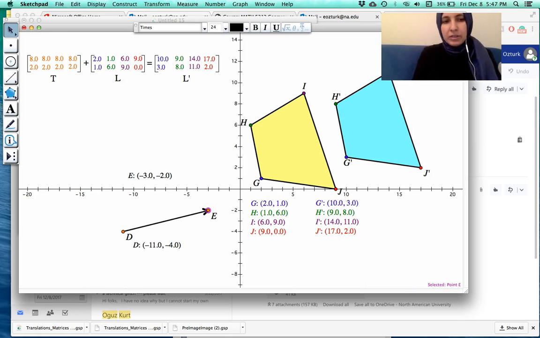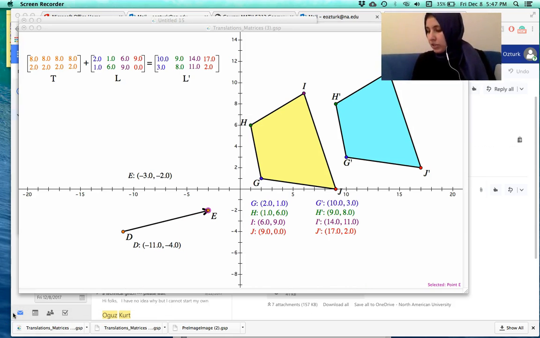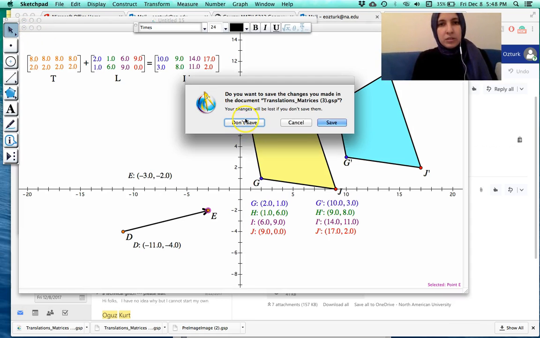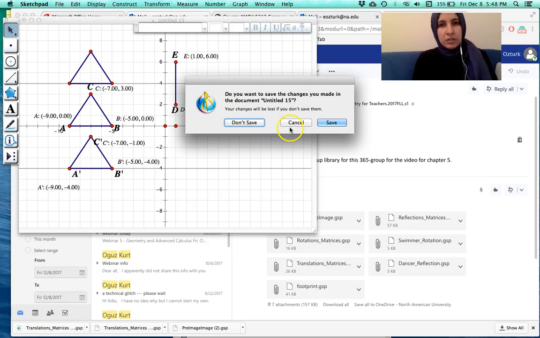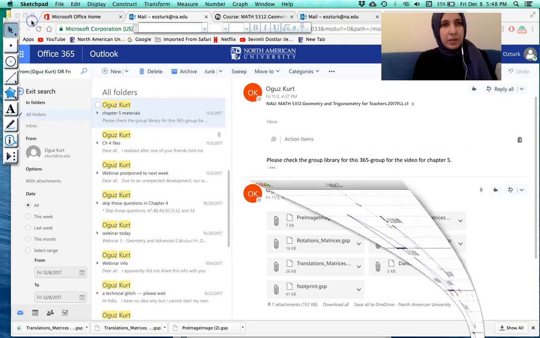Question 18. Predict what the coordinates of the image of points A, B, C, and D will be when the stick figure is reflected over the y-axis. Close this sketch, and then anyway, let's make it.